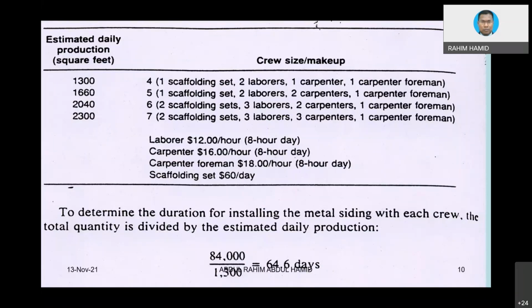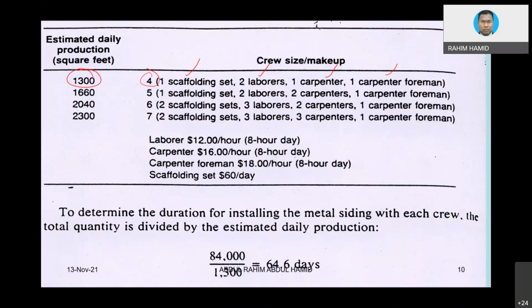Let's say we have a crew size or gang size, let's say gang size 4. The 4 consists of scaffolding, 2 laborers, and 1 carpenter, just as an example. If we use this crew of 4, this crew can install 1,000 square feet of scaffolding in terms of area.